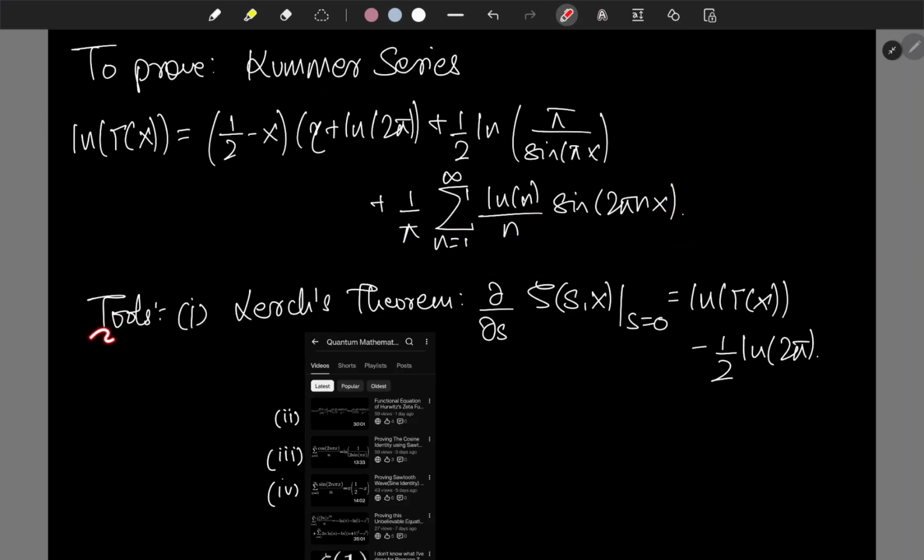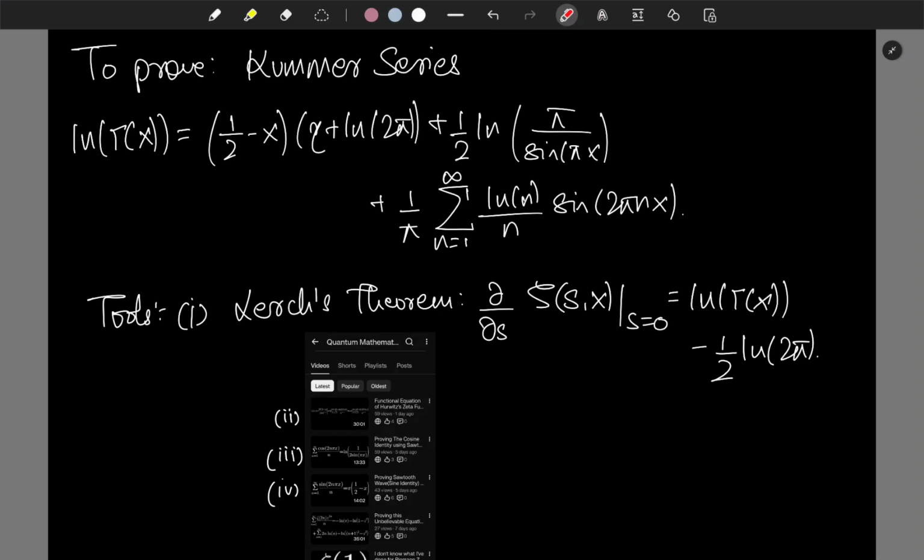It's easy. So we have tools, right? Let me show you the tools, and then we'll talk about the proof as well. The first one is Lerch's theorem. This is the only thing that I haven't proved yet, but maybe I'm going to prove this in the future. I think I have to, because my philosophy says if you haven't proved something, you are not allowed to teach it.